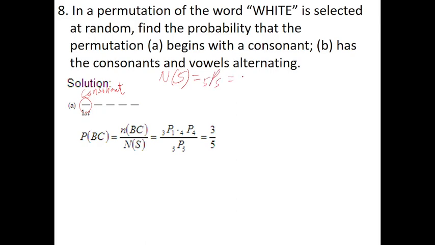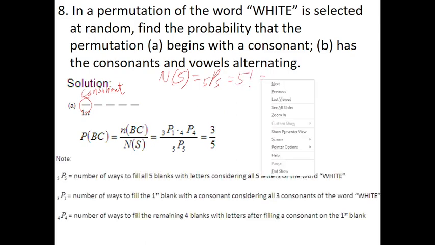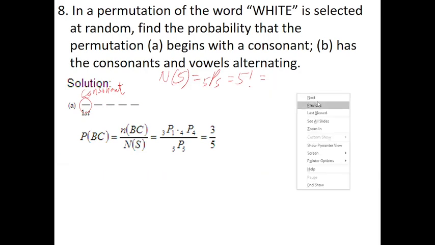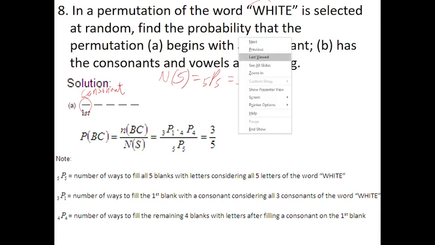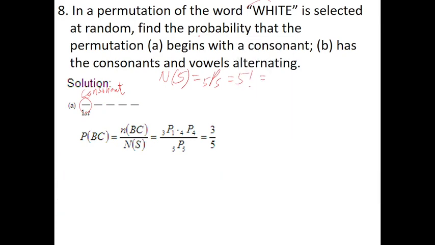So that is 5P5 or 5 factorial, 120. So in that case, this is consonant. How many options do we have from the word? How many are consonants? So we have three consonants, W, H, and T.